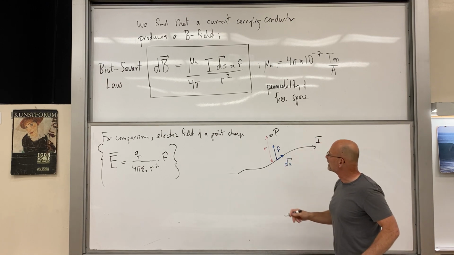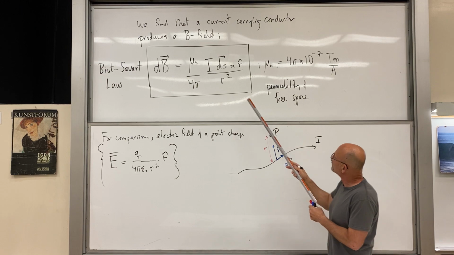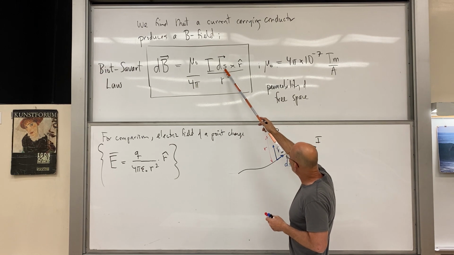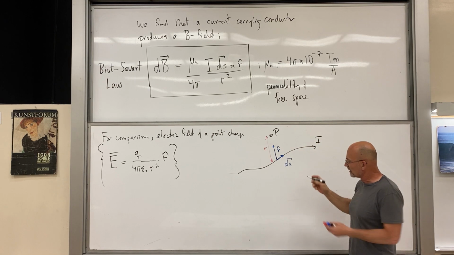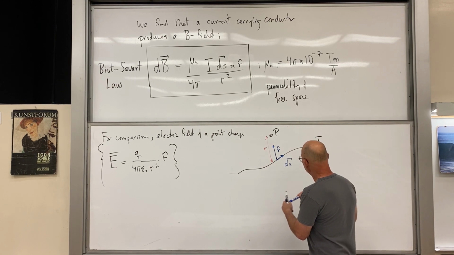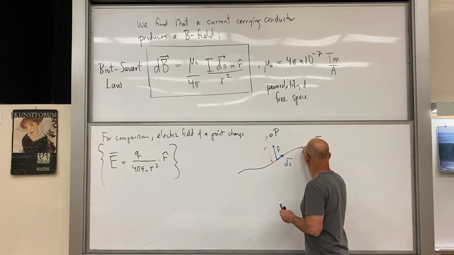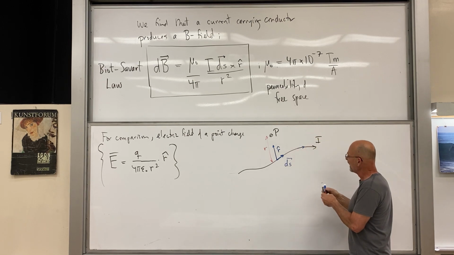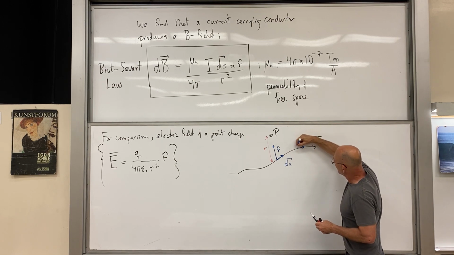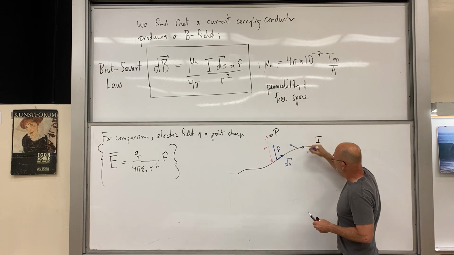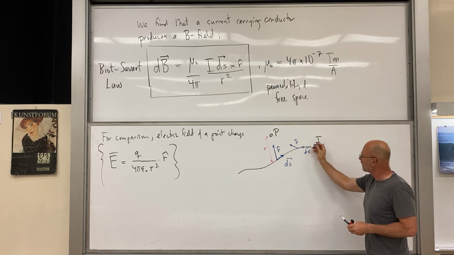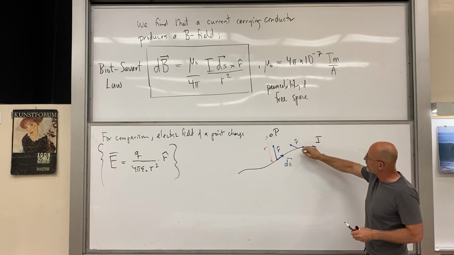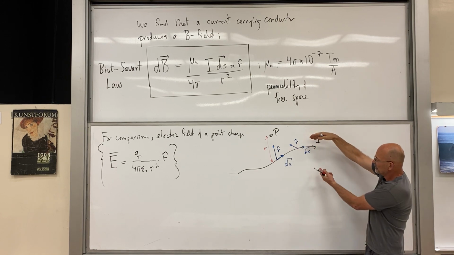Remember, with a cross product, the resultant is always perpendicular to ds and to R hat. So if we're over here with a ds, and then we would have an R hat that way, again, the cross product would be out of the board, perpendicular to this current.